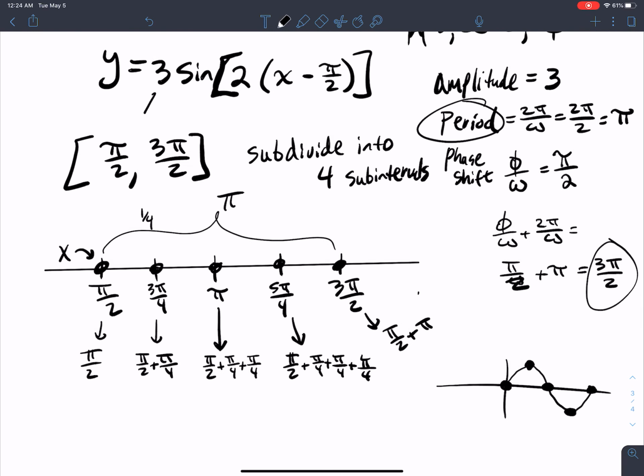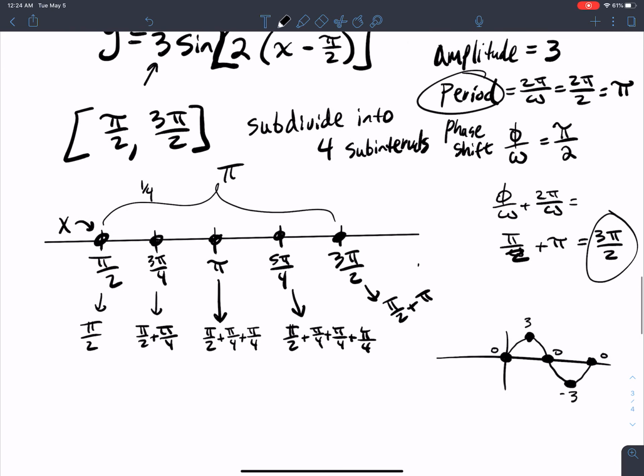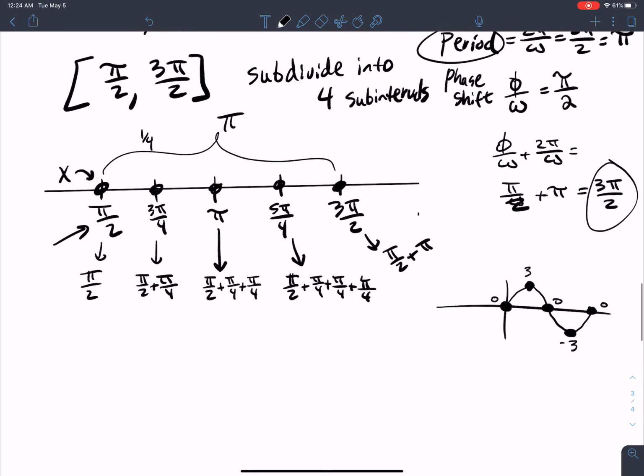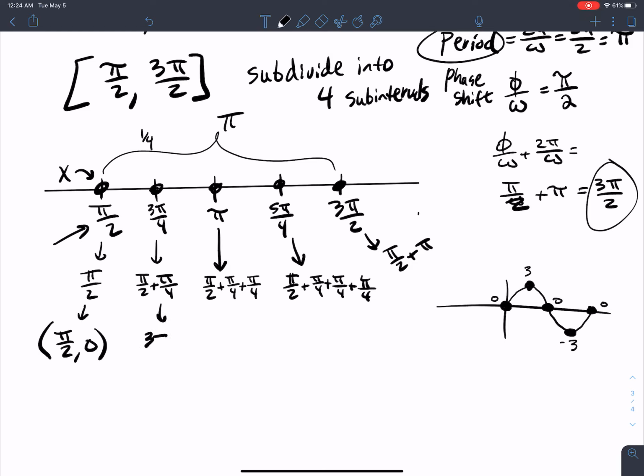The amplitude is 3. So that means I'm going to rise up to 3 here. So I start at 0, go up to 3, then I go down to 0, and I go to -3, and I get back to 0. Those are the y values. The corresponding x values are right here. So my critical points are pi over 2 comma 0. Next one is 3 pi over 4 comma, and then what's the y value?